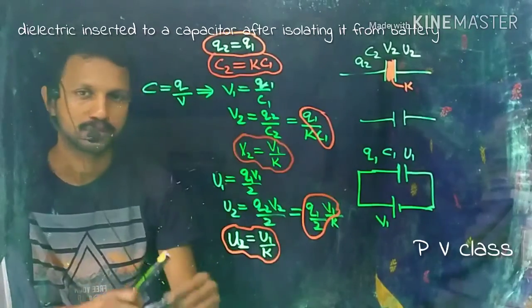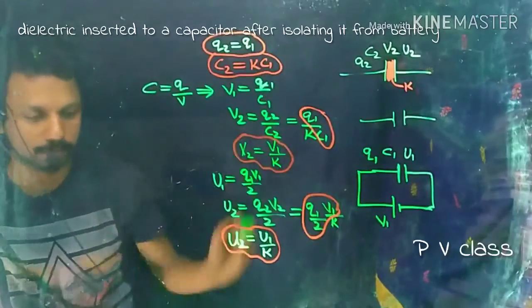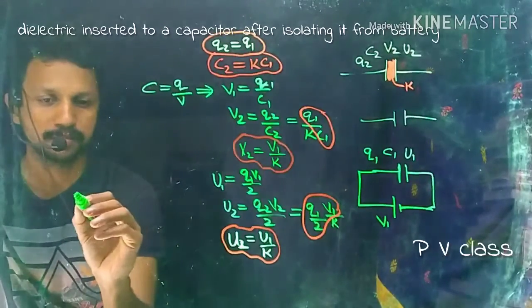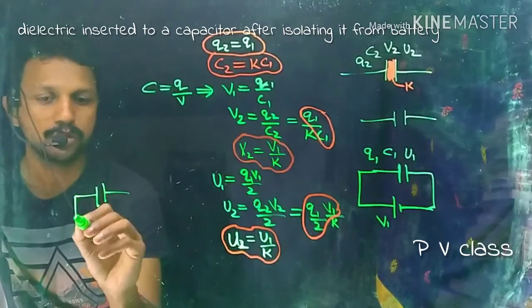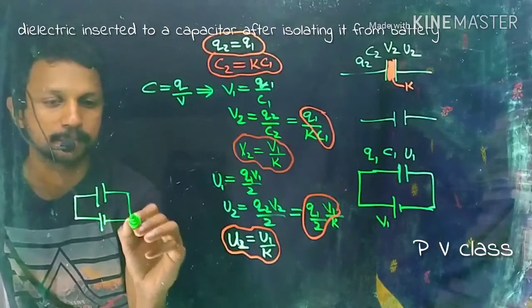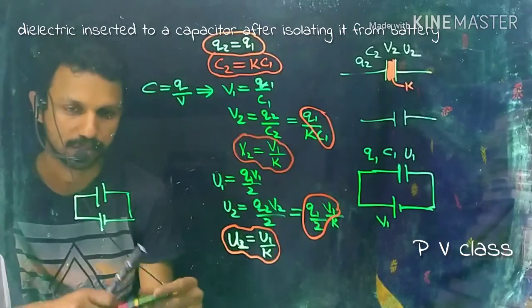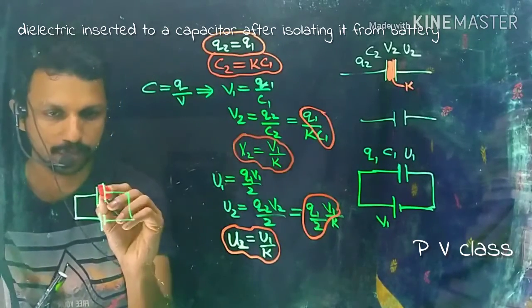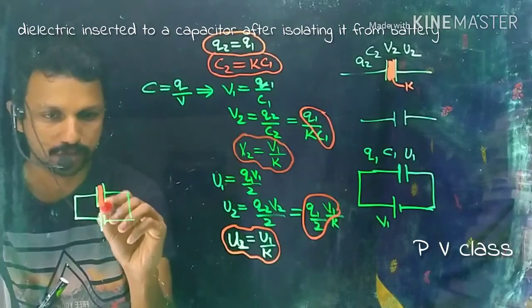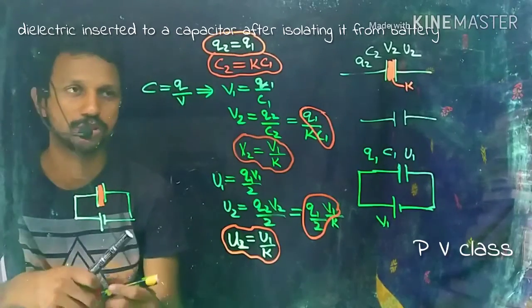Then, recalling the previous situation, where the dielectric was inserted without removing the battery, what was the situation over there?